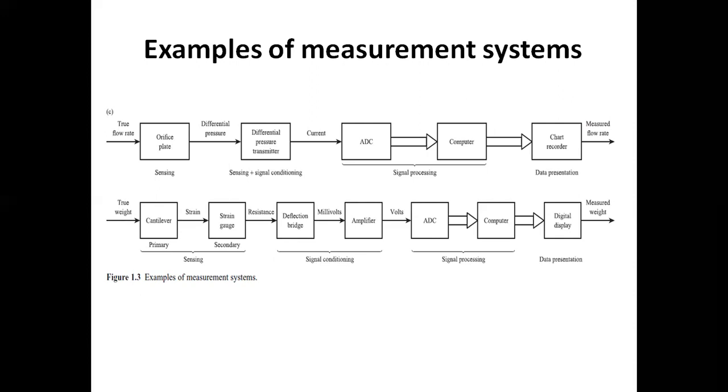Can I identify which is the sensor, which is the signal conditioning element, which are the signal processing elements, which are the data presentation elements? And once you are able to do that, then you understand the system well. And in case it breaks down, you are able to do troubleshooting.